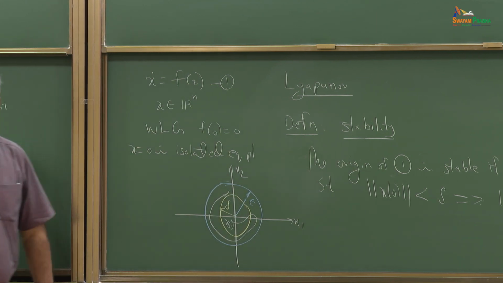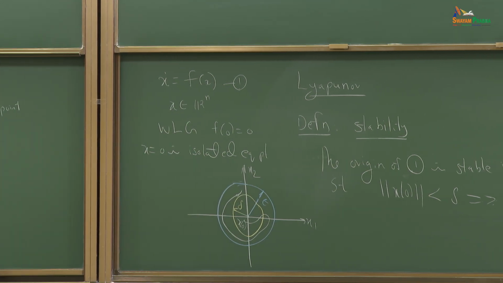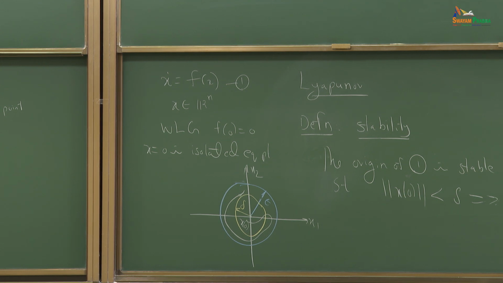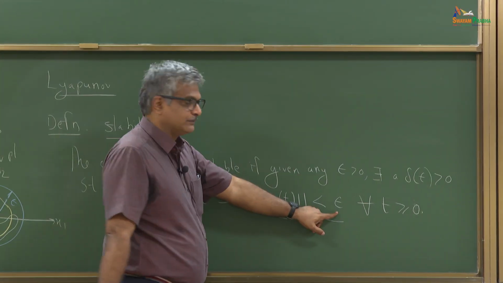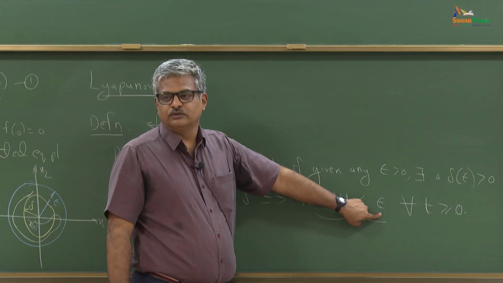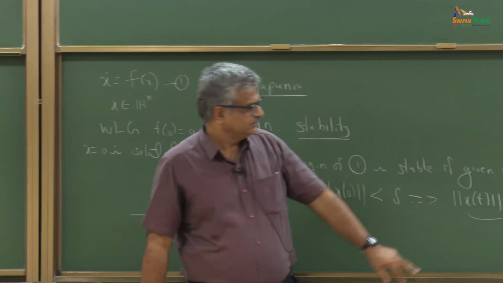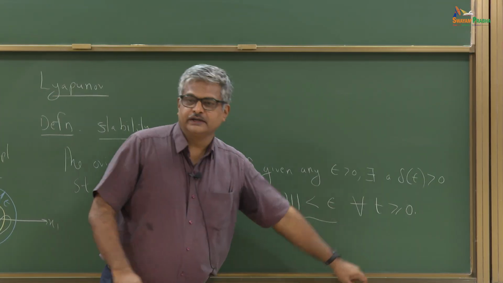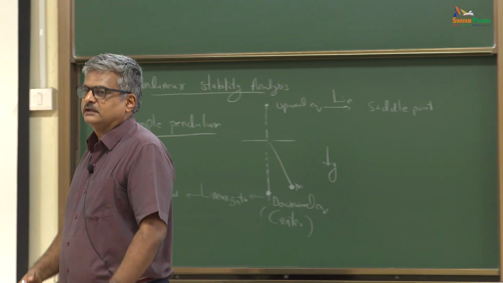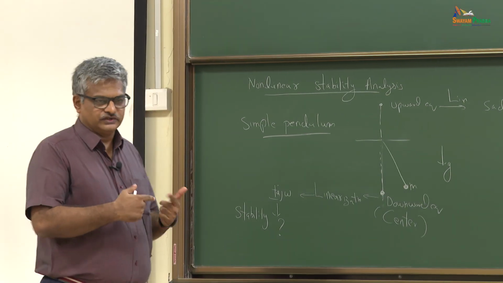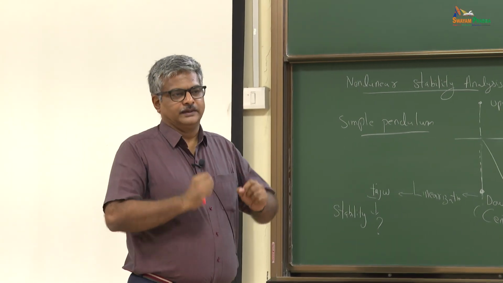That means the epsilon ball has to be positively invariant. This condition means that this epsilon ball is an invariant set. You cannot escape out of it because it holds for all t greater than or equal to 0. Then we say that the equilibrium point, which is the origin, is stable.